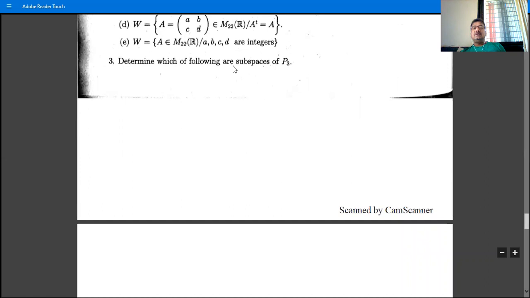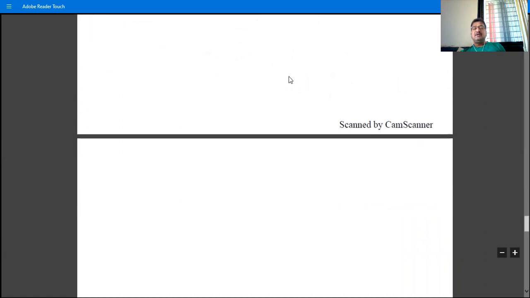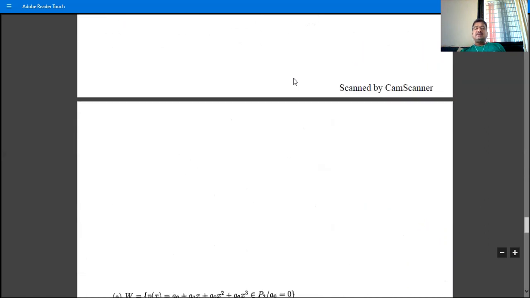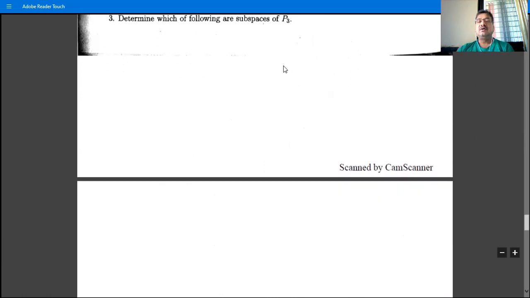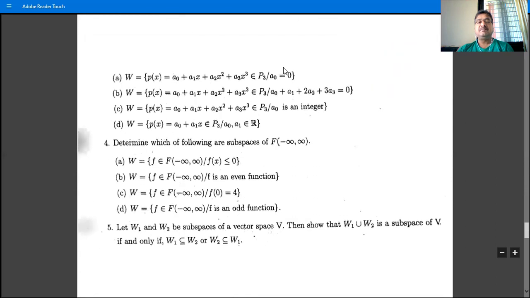Determine which of the following are subspaces of P3. What is P3? P3 is the vector space of all polynomials of degree less than or equal to 3 with real coefficients. So W is the set of p(x) = a0 plus a1x plus a2x squared plus a3x cubed belonging to P3 such that a0 is 0. Compulsorily a0 is 0.